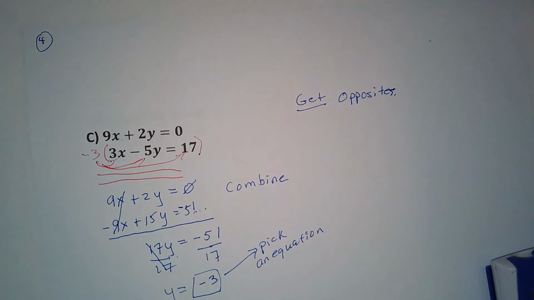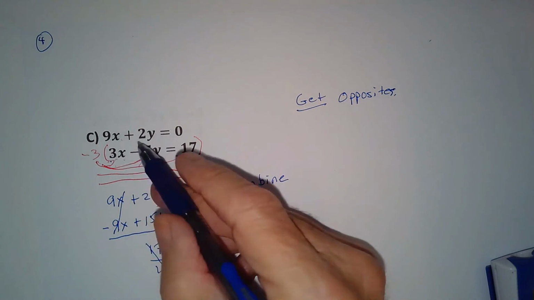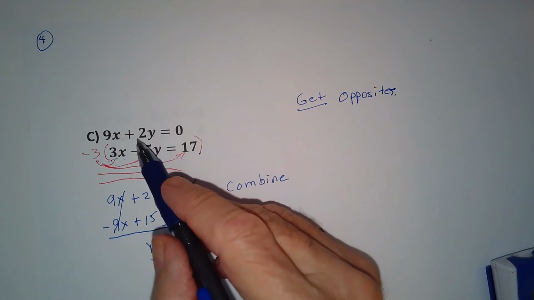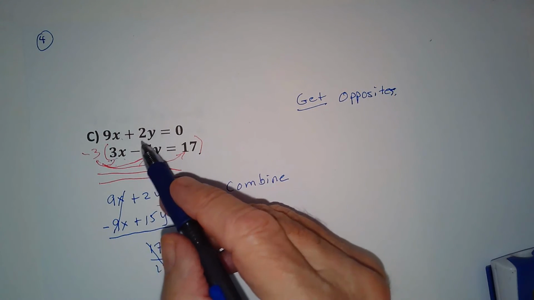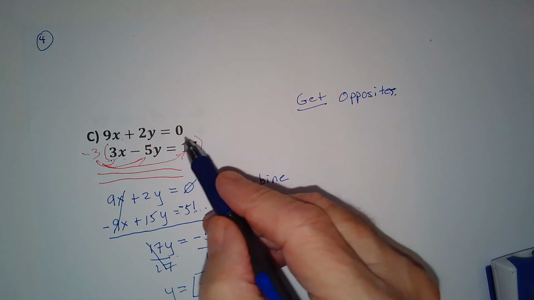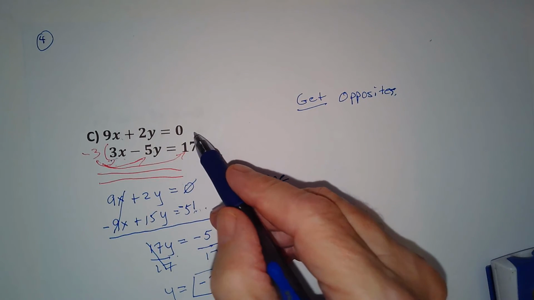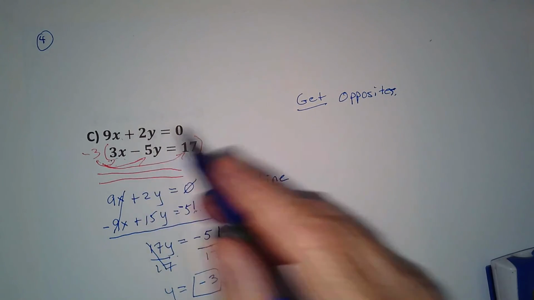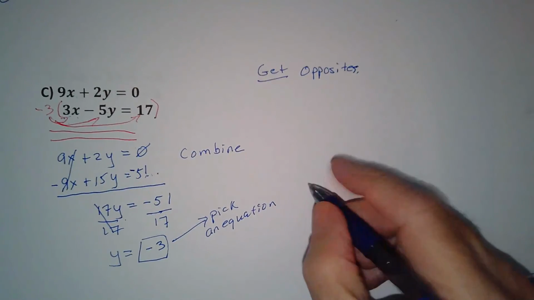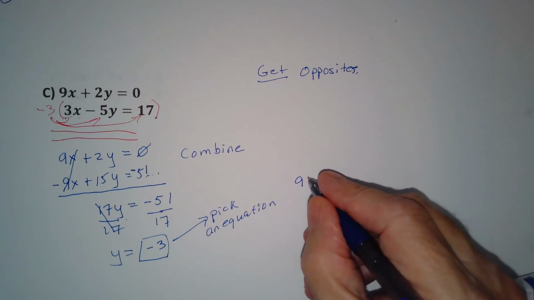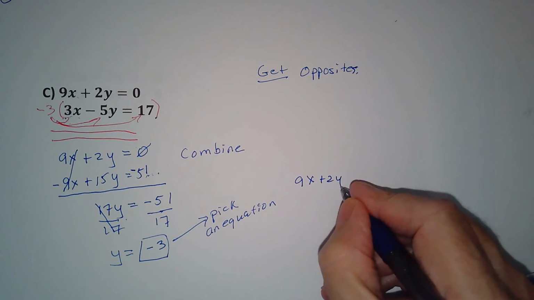So I'm looking at this and I say to myself, well, always go for the easier problem, one that is a little simpler. And 9x plus 2y equals 0 is a little simpler. It doesn't have as many large numbers in it. Okay? It only has one number that is larger. So let's use that.